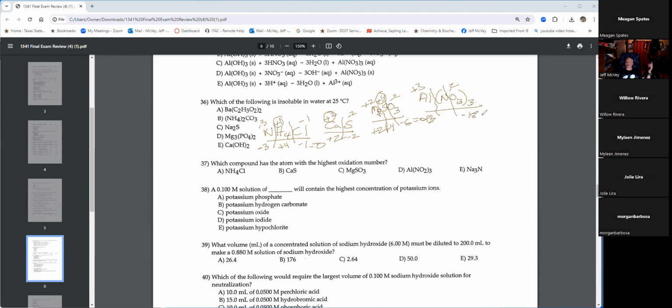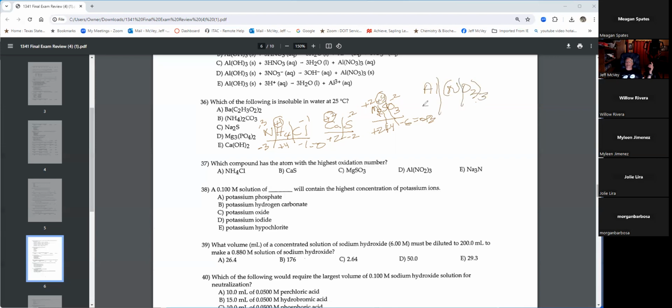I can't hear you. What? Oh, that's nitrite. You got it. Okay, I couldn't understand that, but you're absolutely right. That's not aluminum nitrate. It's aluminum nitrite. Thank you.